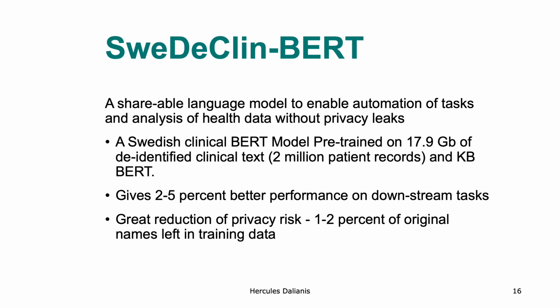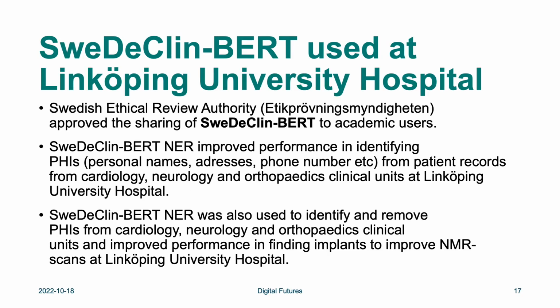And this model was pre-trained on de-identified clinical text and data from the Royal Library. And this model has been approved for sharing to academic users, and it has been applied to different datasets of patients' records in different hospitals and found to perform really well.